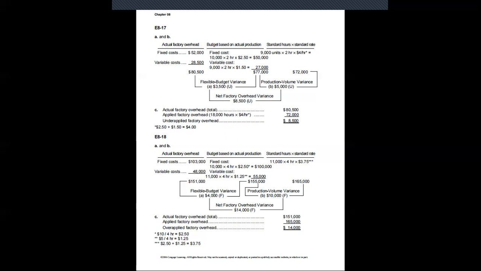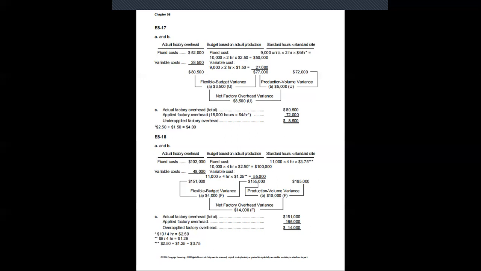So the actual factory overhead given is the fixed cost of 103,000 and the variable cost of 48,000. So the total is 151,000. Now, for the budget based on actual production, we have the normal production of 10,000 units.